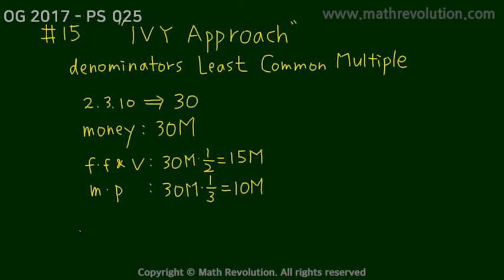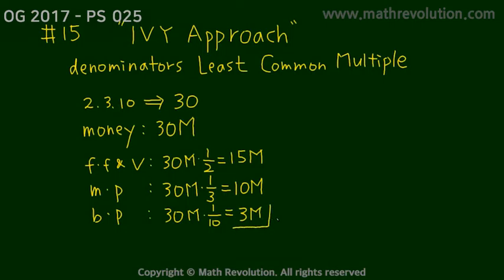And then he went on to the bakery products. He spent 1/10. So 30M times 1/10 equals 3M. So let's look at how much he spent so far.